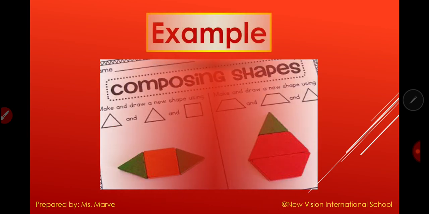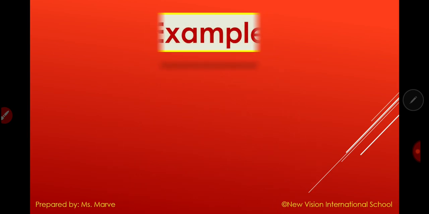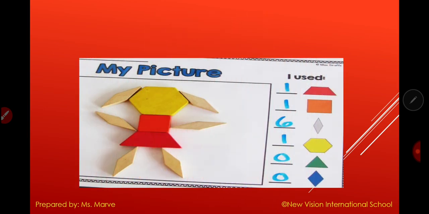And the next one. How about this picture? This picture is made of 6 rhombus, 1 hexagon, 1 rectangle, and 1 shape like this. When you put it together, it can look like this new form.